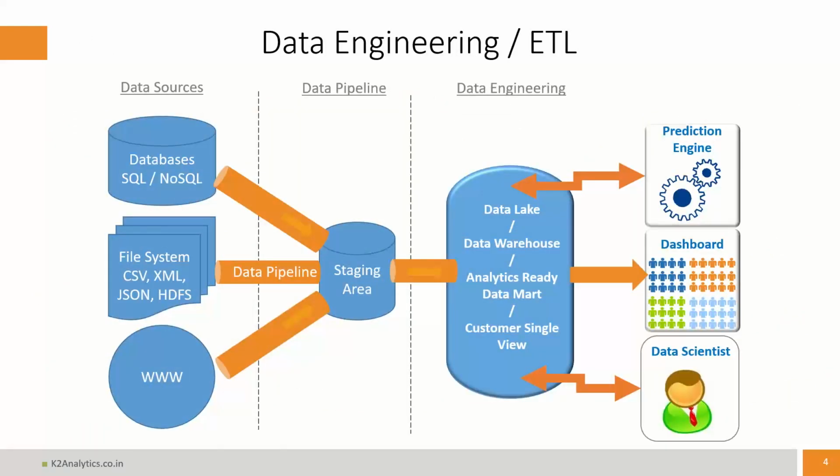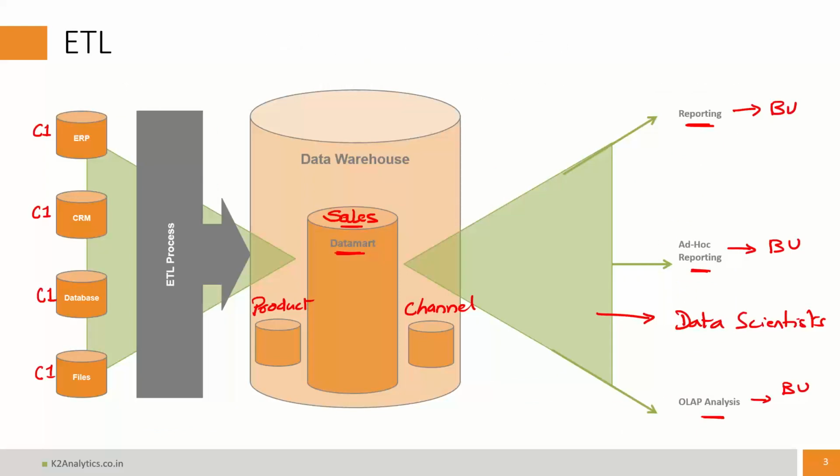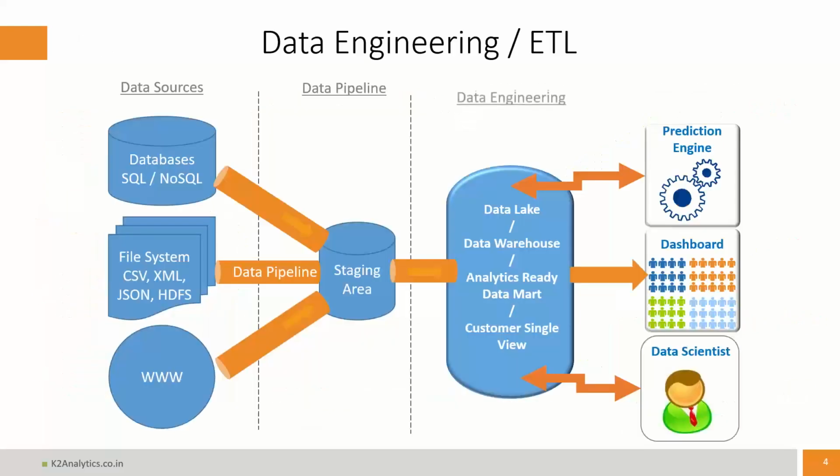The same ETL, now instead of saying ETL, I'll use the word data engineering. Now if you use the term data engineering, typically in an ETL, the way things are represented is by arrow marks. However, now when we use the term data engineering, we use a term called data pipeline.